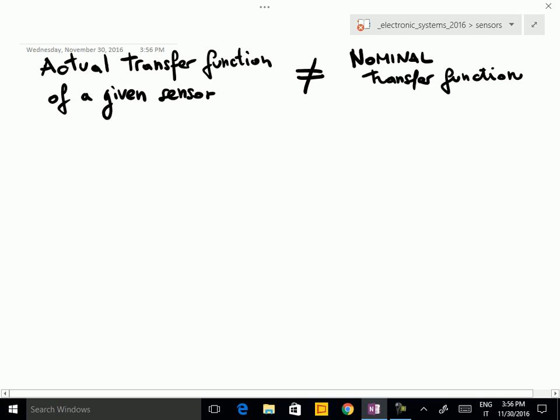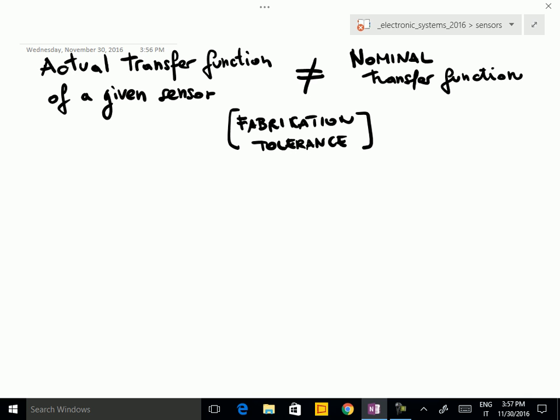So by nominal transfer function, I mean the transfer function that we think we have. Okay. And the reason for this difference typically is, let's say, fabrication tolerance. It's not the only reason, but it's the most important one. Fabrication tolerance is the reason for the difference. As I mentioned, fabrication tolerance of the transducer or of the interface.